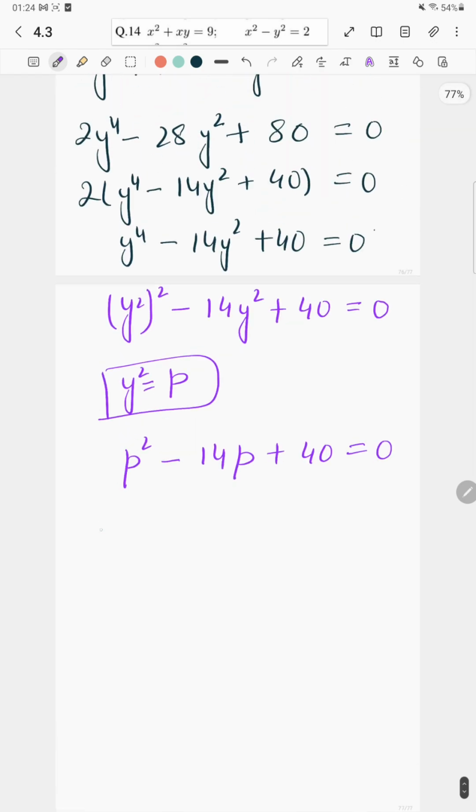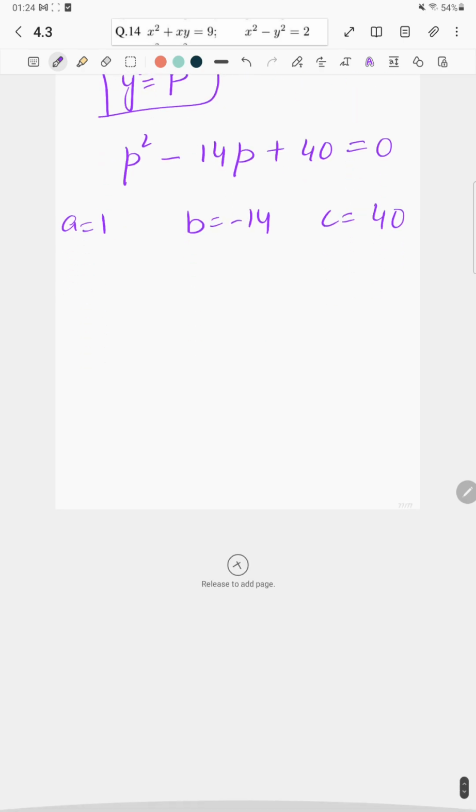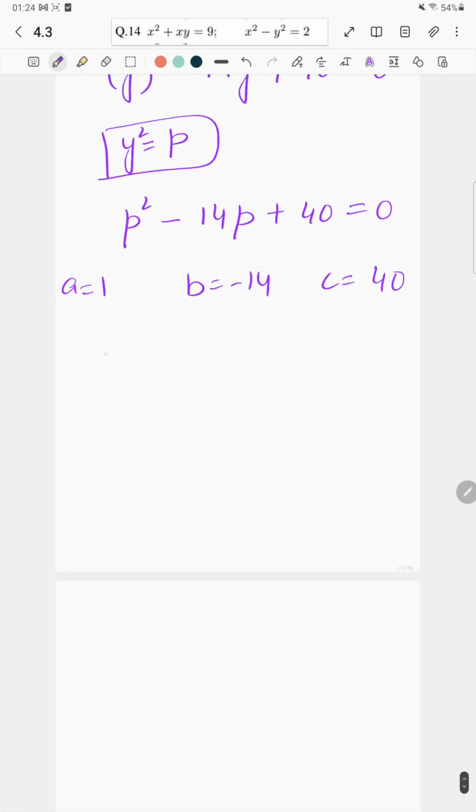So now the coefficient of x square is a, coefficient of x is b, and the constant is c. Okay, so solving it, minus b plus minus square root of b square minus 4ac divided by 2a.